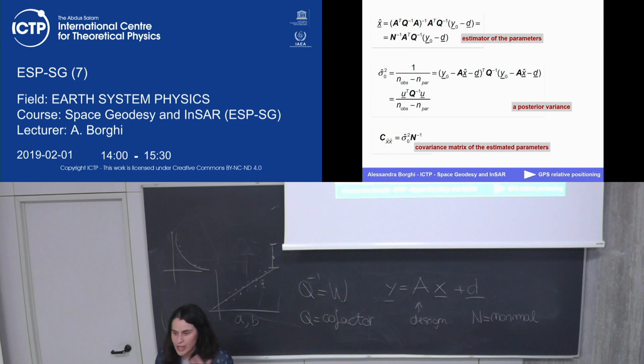Because sometimes you can estimate a parameter, because it's a mathematical computation, but this parameter is not statistically significant.